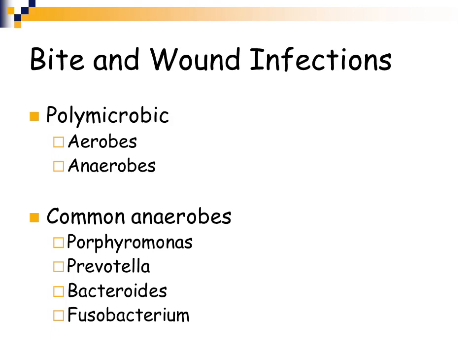You cut yourself, the deeper tissues, you might get an anaerobe that's able to grow in that area with your facultative organisms. So again, your facultative mixed with your anaerobes. The common anaerobes that you would find involved in bite and wound infections are Porphyromonas, Prevotella, Bacteroides, and Fusobacterium, which is pretty much all of the gram-negative anaerobic rods that cause human infections.